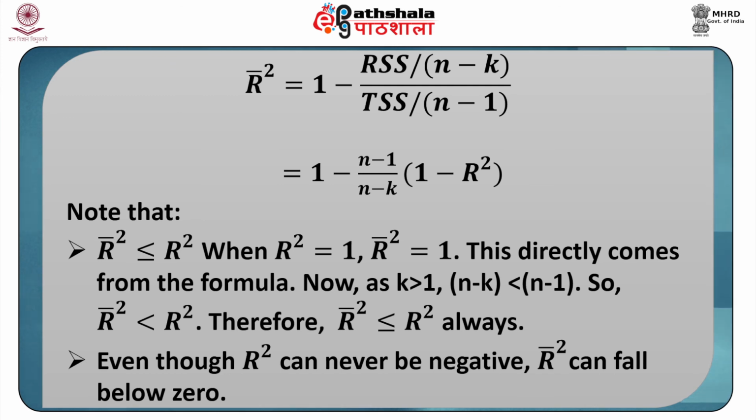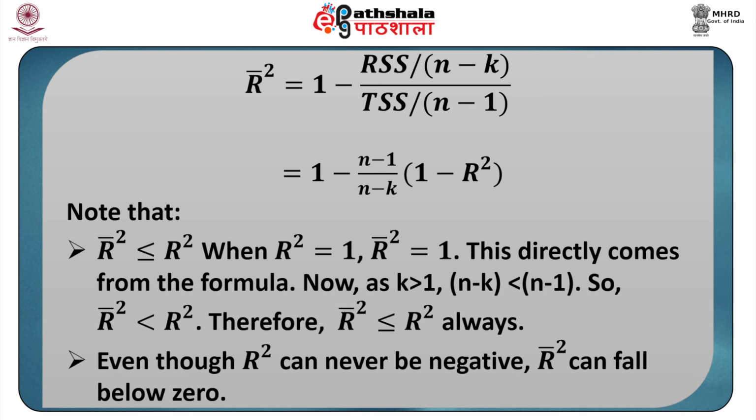On simplification, it can be written as 1 minus (n minus 1) upon (n minus k) into (1 minus R square). Please note that R bar square is less than or equal to R square, with equality when R square is equal to 1 and R bar square is equal to 1. This directly comes from the formula.